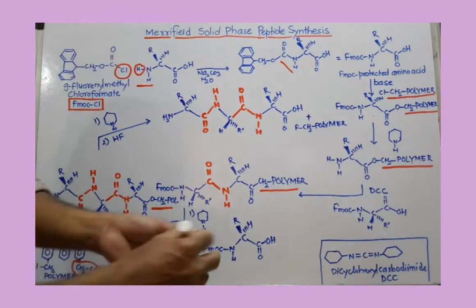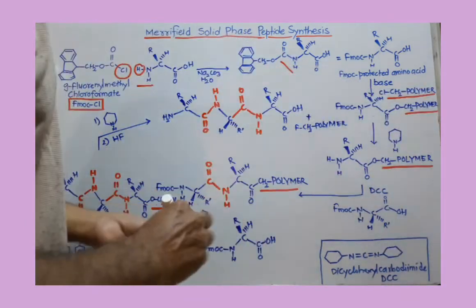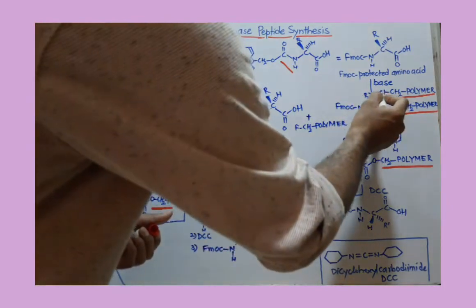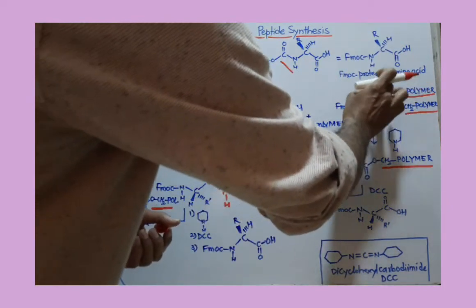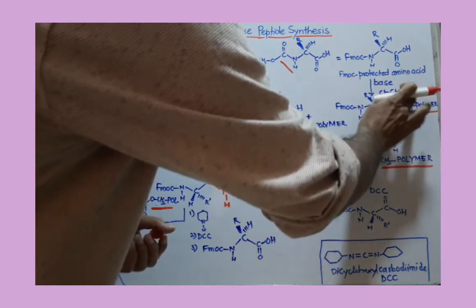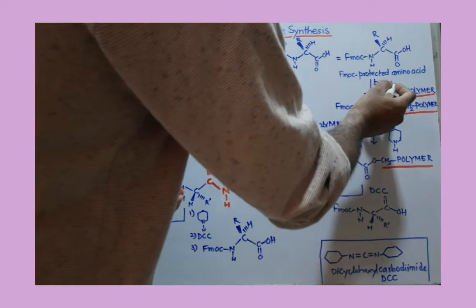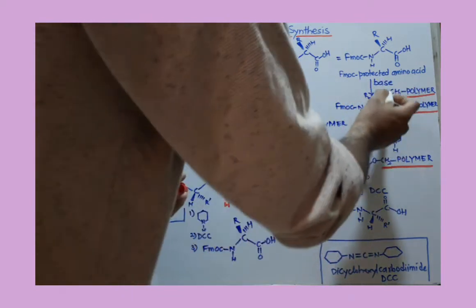Now your column is ready. Your solid phase polymer is ready, which has a free Cl group. Now this amino acid is added on this polymer, where the free Cl group is present, in the presence of a base. See what will happen.